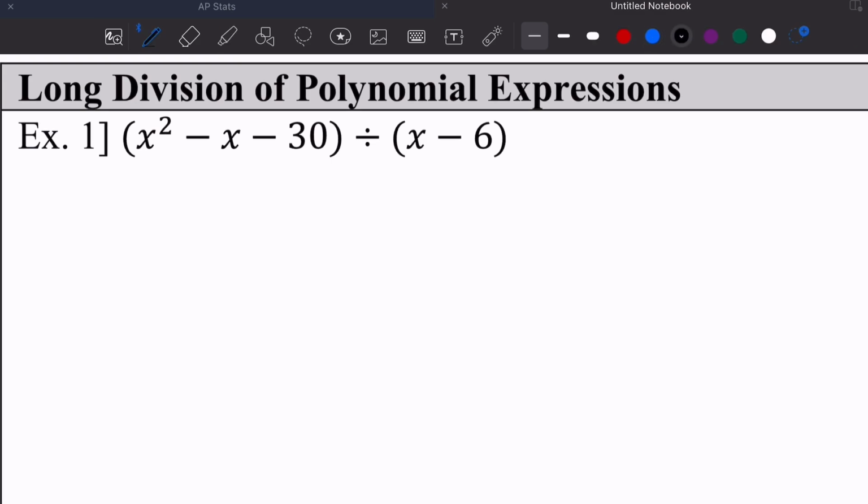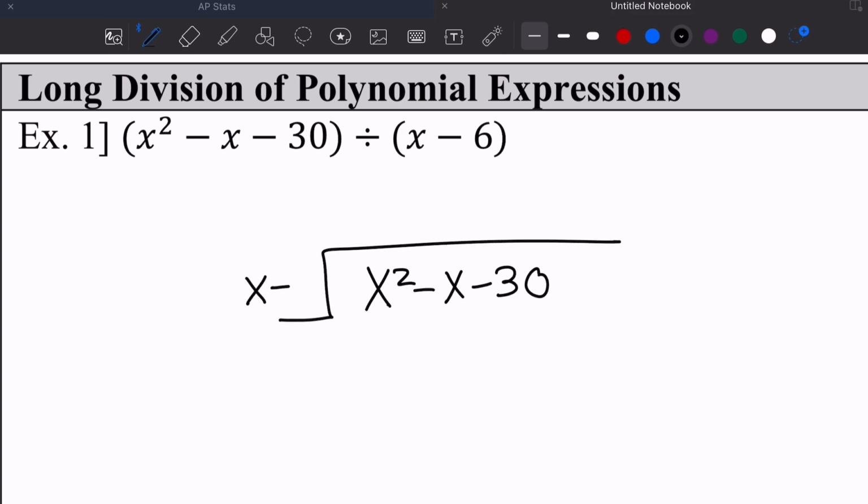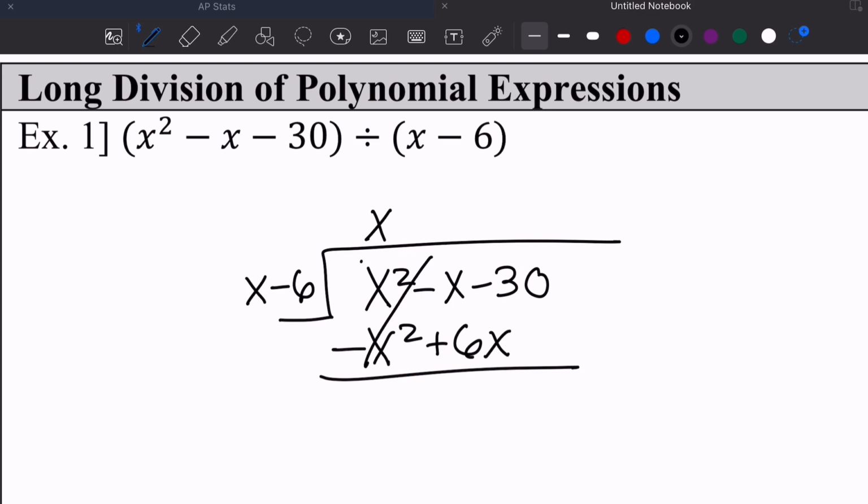Okay, so let's set up this one. We have x squared minus x minus 30 being divided by x minus 6. Well, x can go into x squared, x times. So I have x squared minus 6x. Change my signs, cancels out the x squared, add down, negative x plus 6x is 5x, bring down the minus 30.